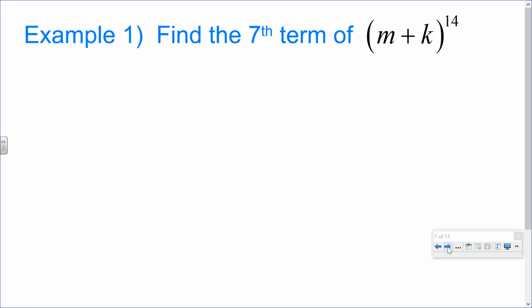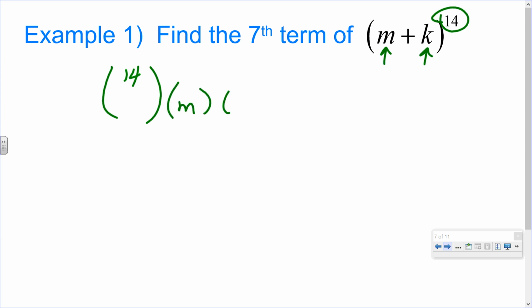If I wanted to get the 7th term of (m plus k) to the 14th, I would know that my combination, since that is m plus k to the 14th power, would have a 14 at the top there. My terms in the original binomial are plus m and plus k, so I have a plus m to a power and a plus k to a power.